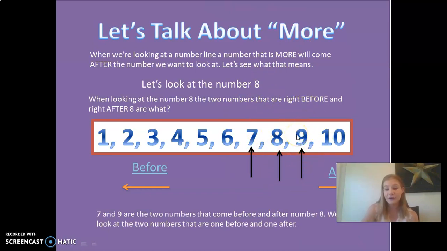In order for us to figure out which one is more, it needs to come after or to the right of the number 8. So again, our numbers were 7 and 9. And I know if it needs to come after or to the right, one more than 8 is going to be 9.